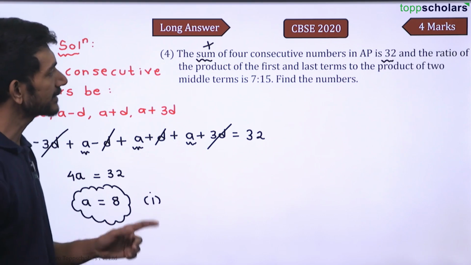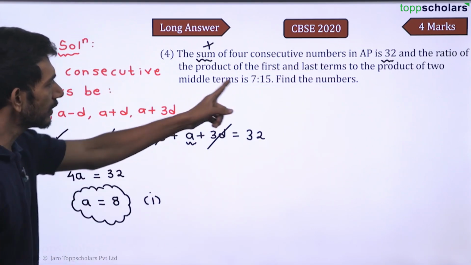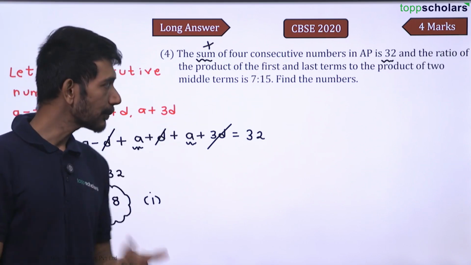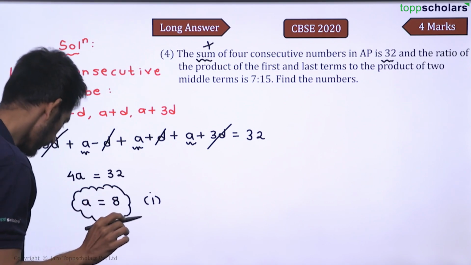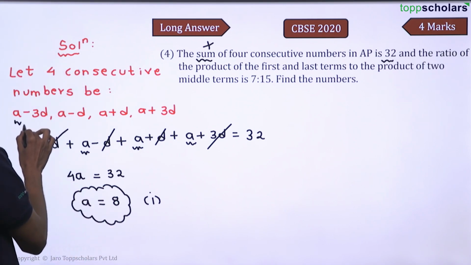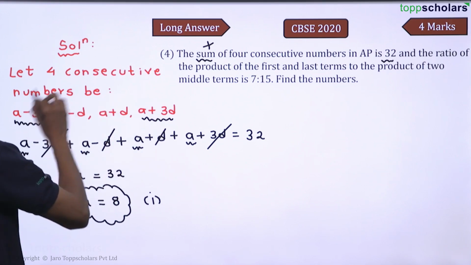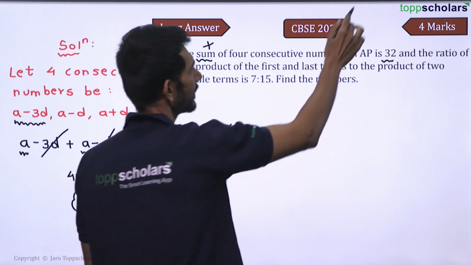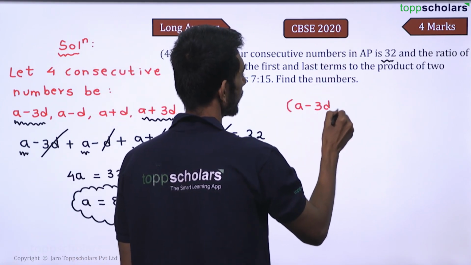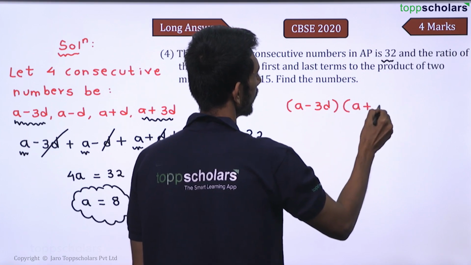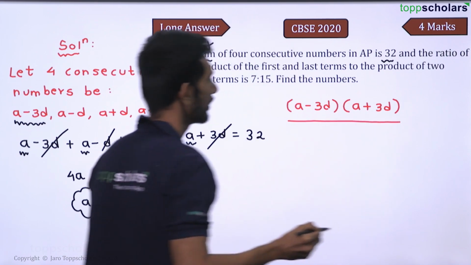Okay. Let's read now. The ratio of product of the first and last terms to the product of the two middle terms is 7:15. First and last term, this is the first term, this is the last term, their product. So can I say I get a minus 3d into a plus 3d by their product.